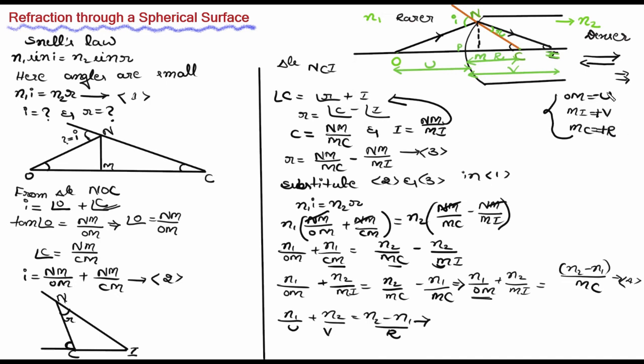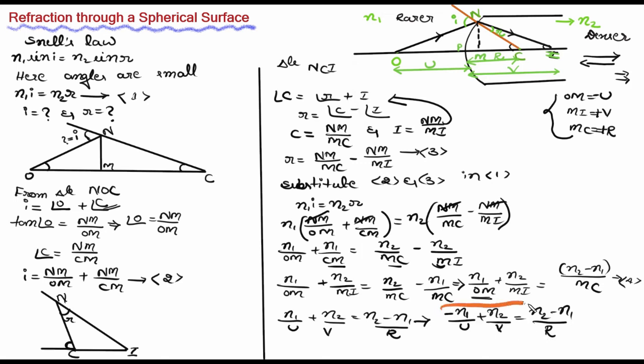Now let's substitute these u, v, R values along with the sign convention in this equation. What will you have? u is negative, so minus n1 by u plus n2 by v is equal to n2 minus n1 by R. Since R is the radius of curvature, that is also positive.